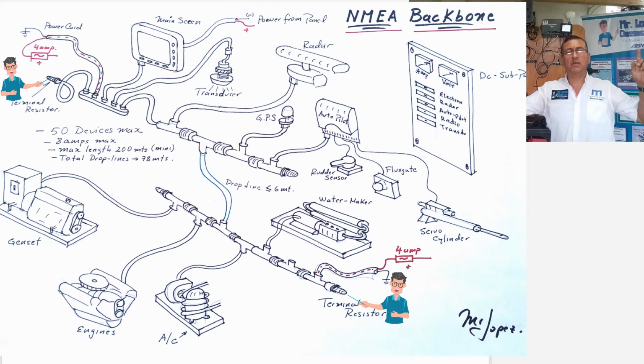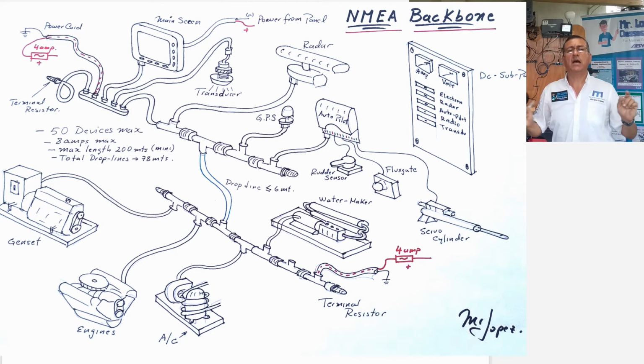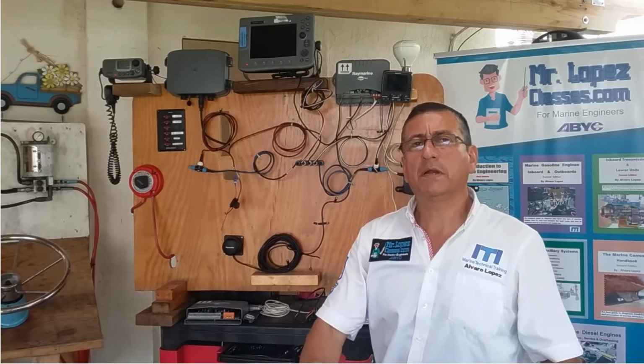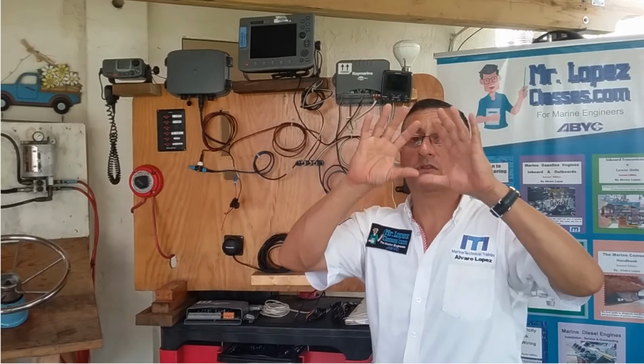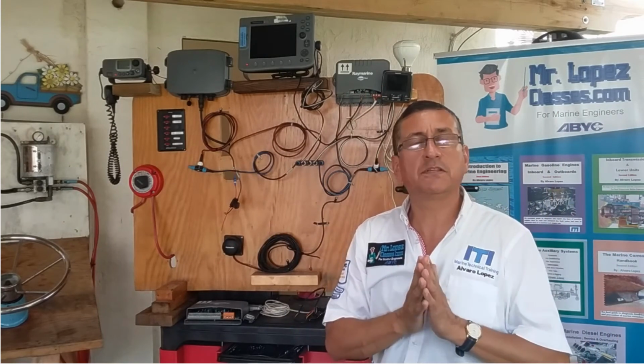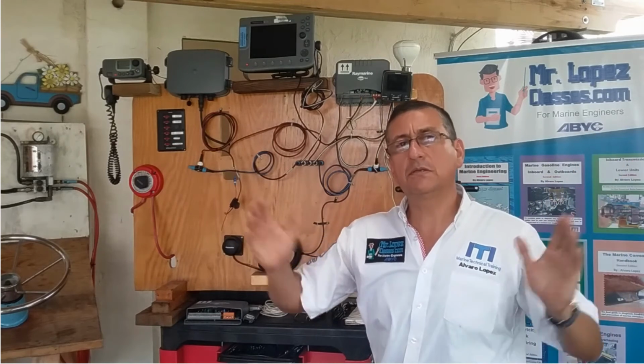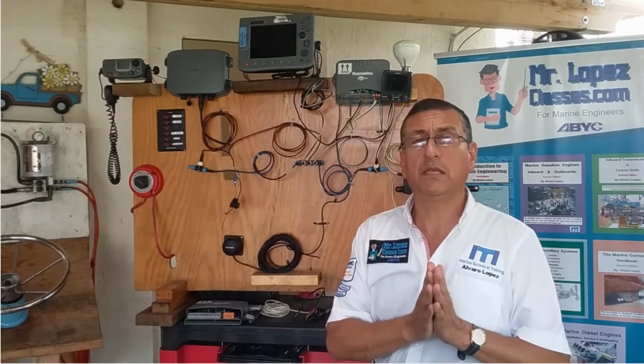The maximum distance in between terminal resistors is 250 meters for mini and mid cables, and 100 meters for micro cables. Okay, guys. Remember, no more than 50 devices in total. The maximum distance depends on the quality of the cable.